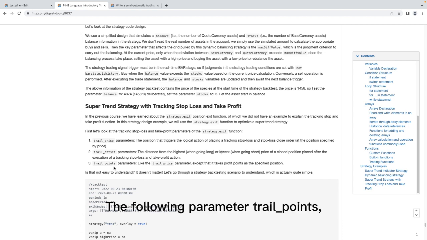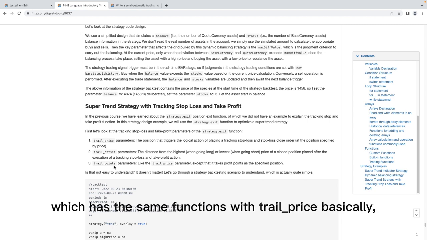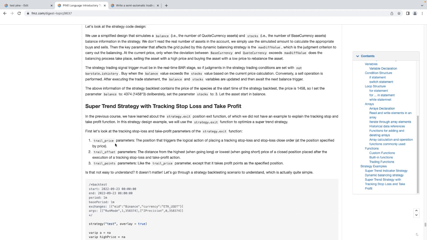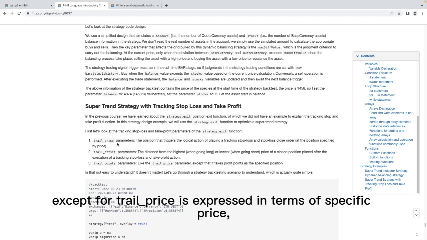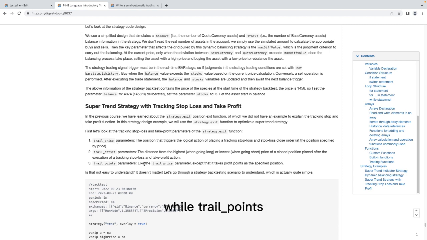The following parameter, trail points, has basically the same function as trail price, except that trail price is expressed in terms of a specific price, while trail points are expressed in profit points.